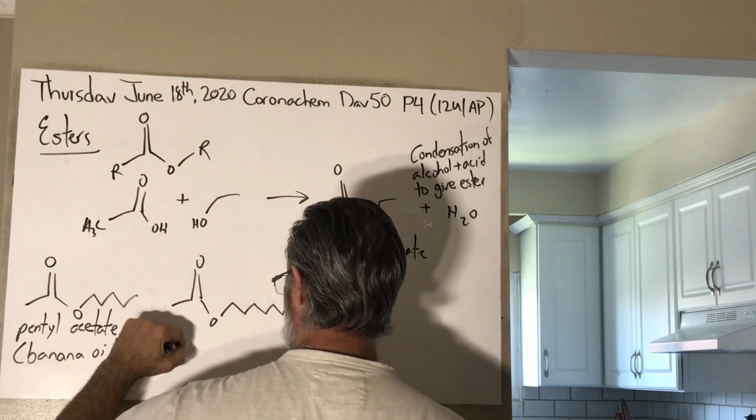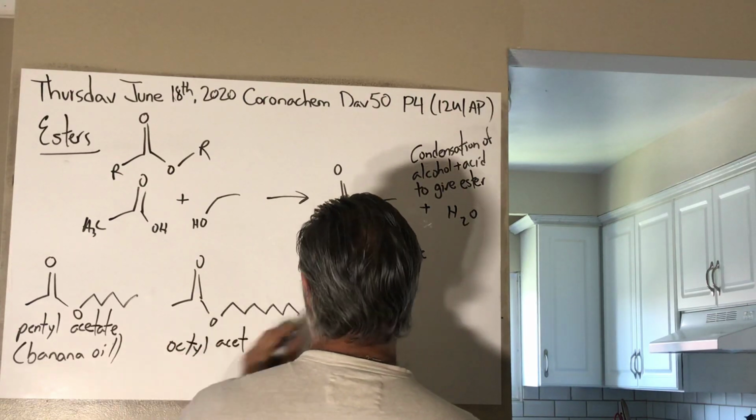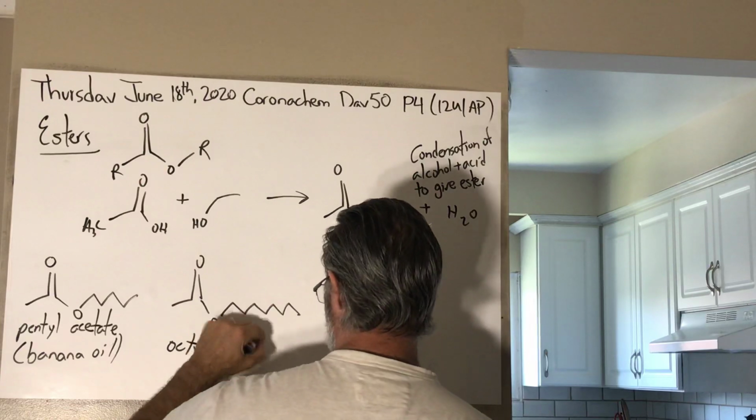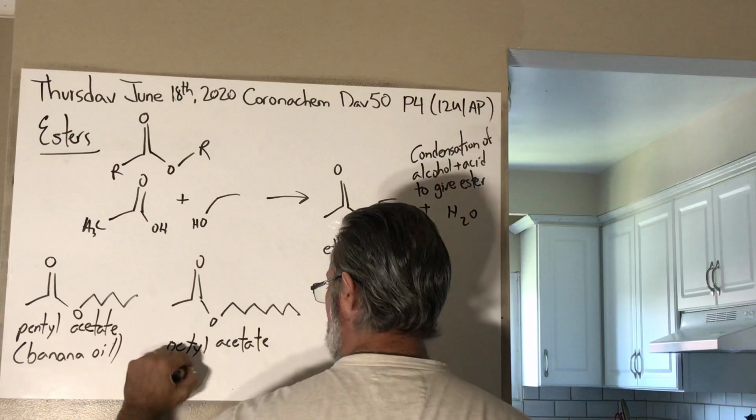This is octyl acetate, or ethanoate if you like, but everybody calls it acetate because it comes from acetic acid. So octyl acetate smells like citrus.